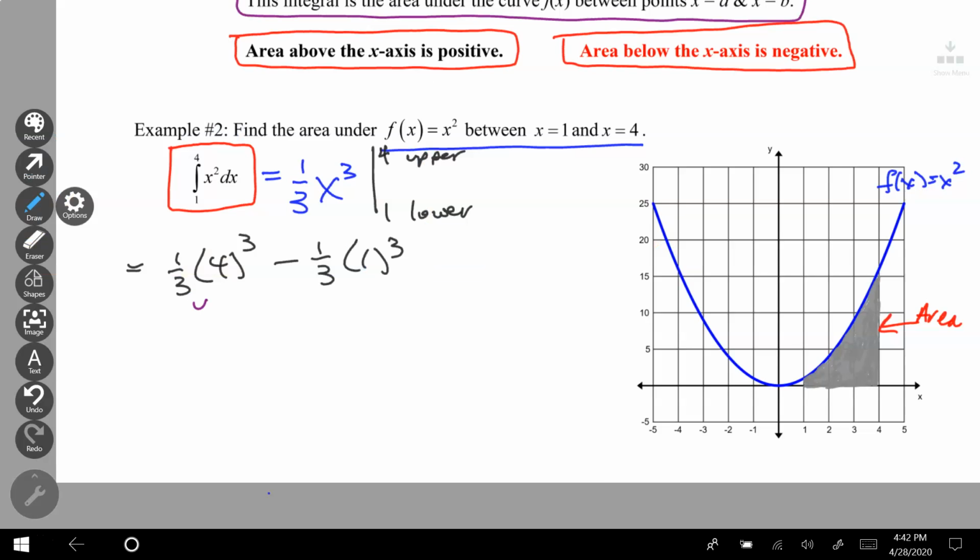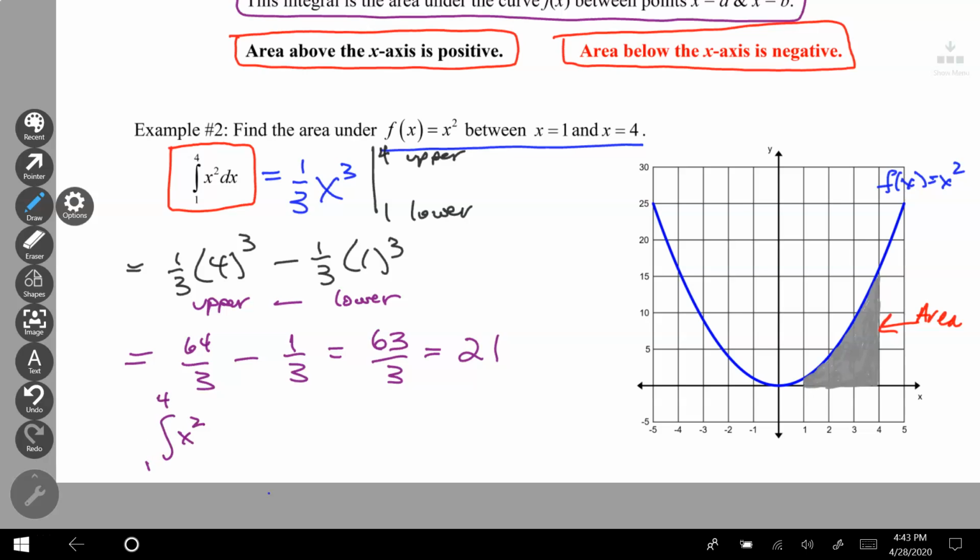Again, this is my upper minus my lower. I plug this in, I get 64/3 minus 1/3, 63/3, which is 21. So the integral from 1 to 4 of x squared dx is exactly equal to 21.